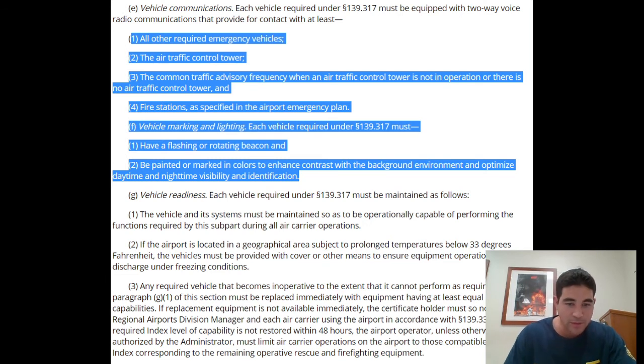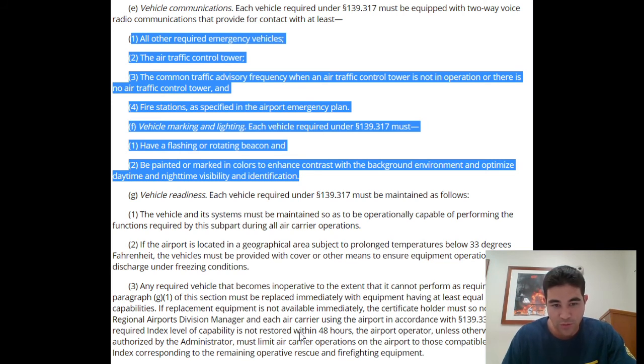Yeah, and then this last one's kind of important too, number 3. As required, a vehicle that becomes inop. So if you have a truck that goes down, it's broken, you're going to have 48 hours. It says you have 48 hours to restore your index capabilities. So they won't just drop your index right away. They'll give you 48 hours to fix it.